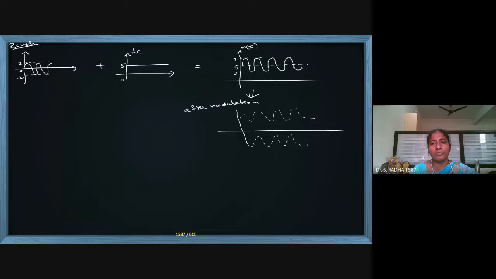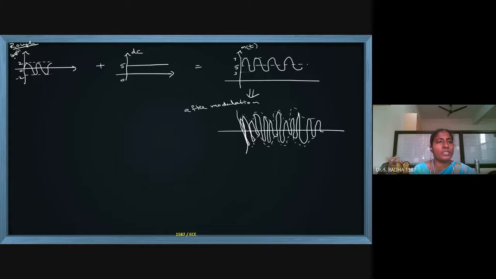This is the outer form I told you; this is not exactly the output. The waveform will be a high frequency carrier. The outer form will be something like this. This is case 1.